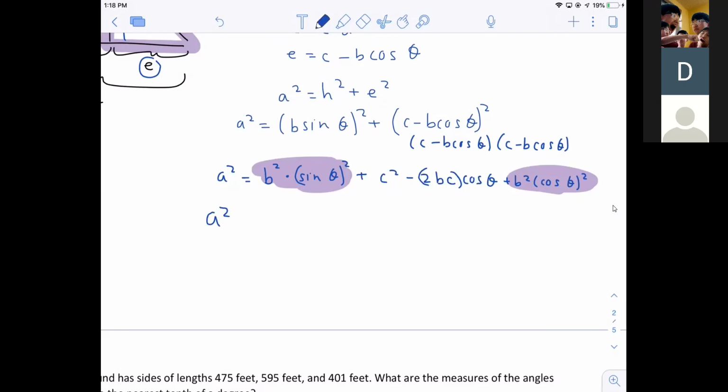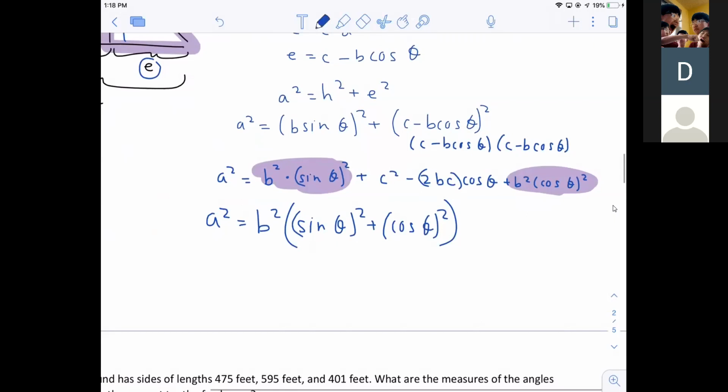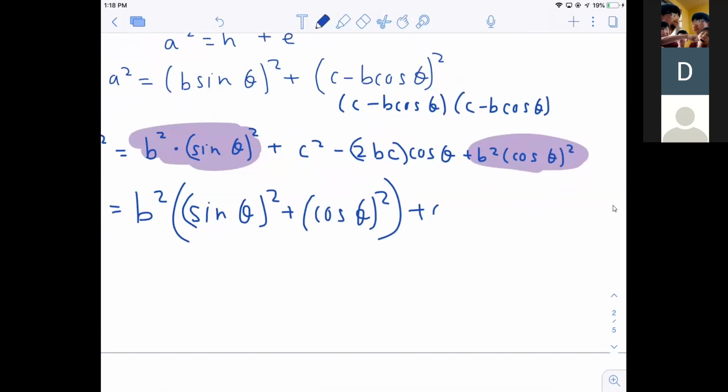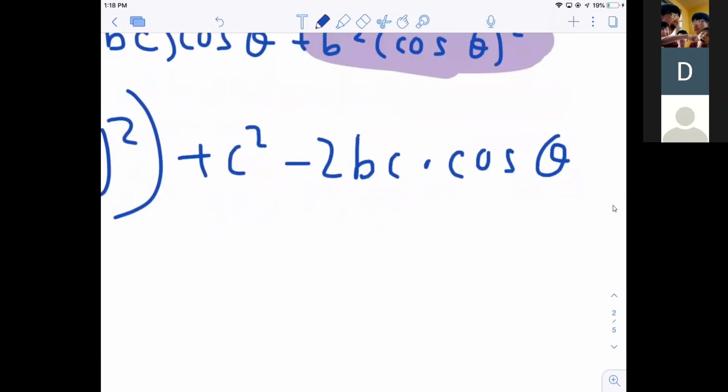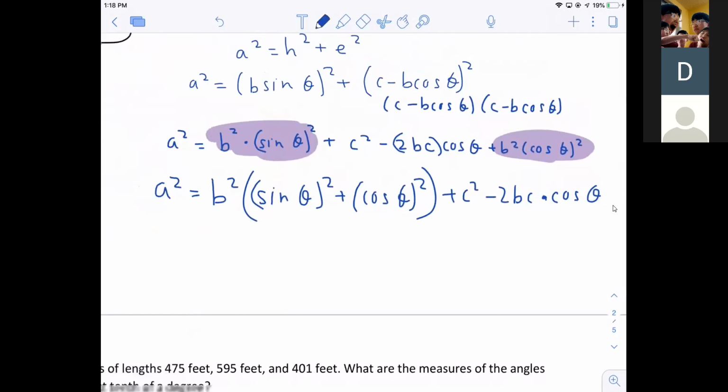I'm going to get A squared equals B squared times, in parentheses, sine theta squared plus cosine of theta squared, plus C squared minus 2B times C cosine theta. I'm just putting a little dot here so it doesn't look like two C's in a row, just to break it up.